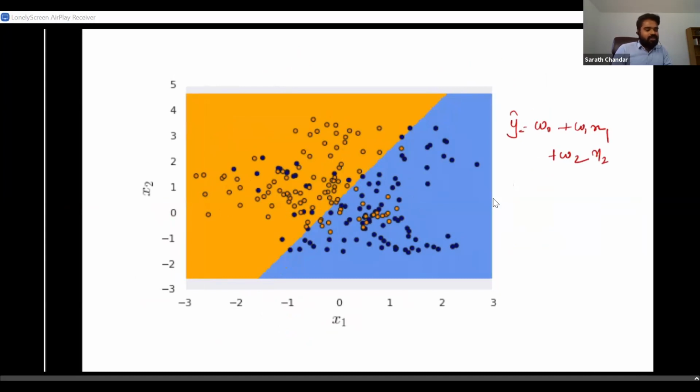As you can see, this model still makes some mistakes. There are some blue points classified as orange, and some orange points classified as blue. So can we come up with a better classifier than this linear regression model?